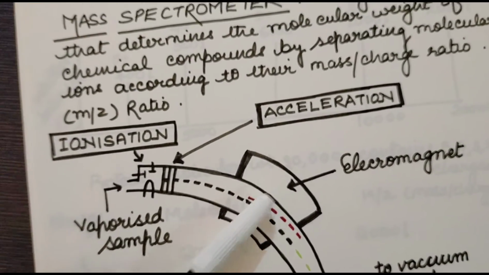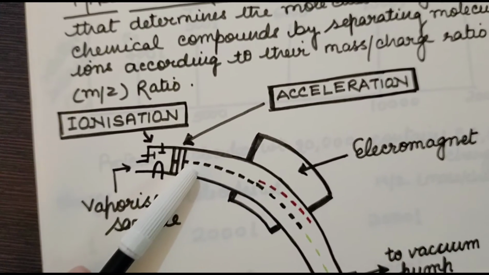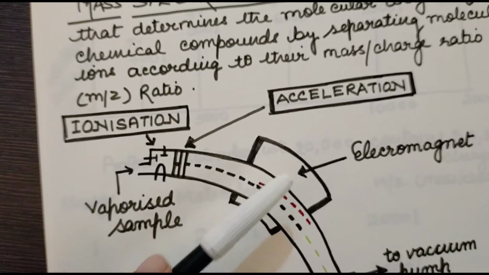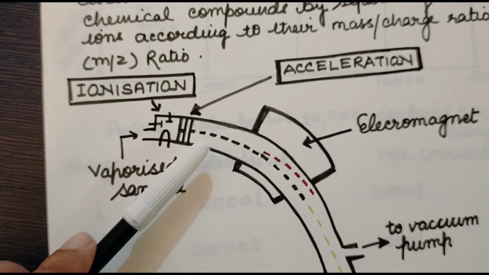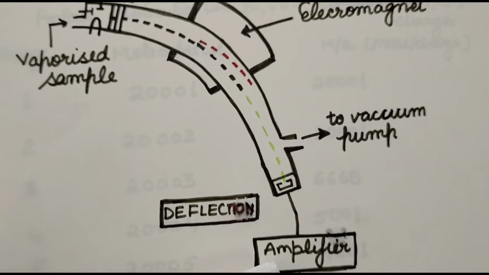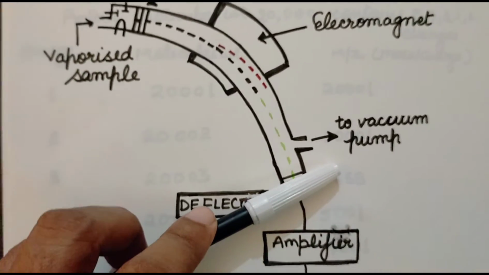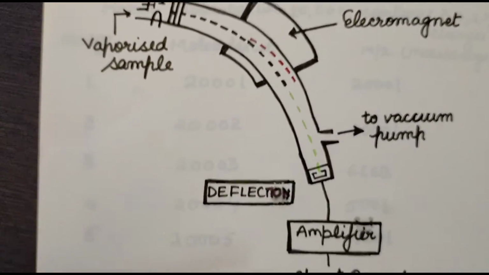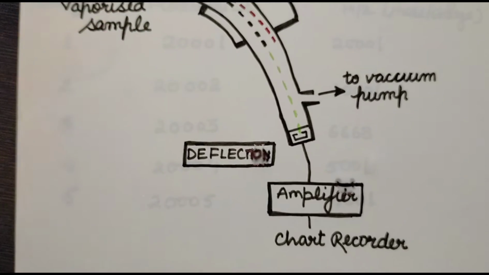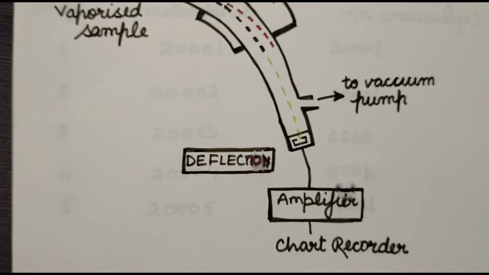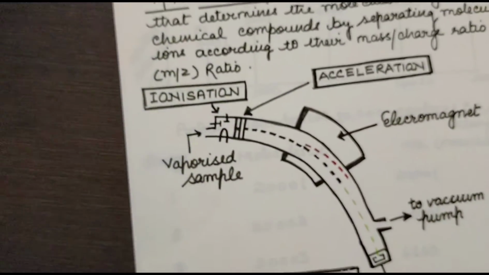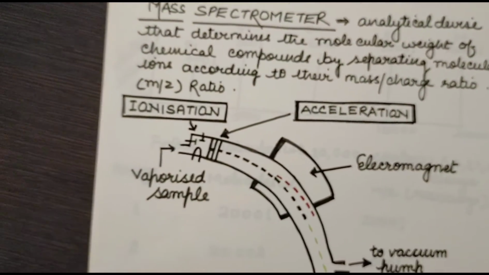The red line shows the path these proteins might take if the electromagnets were not there, but with the electromagnet we direct them to the amplifier. A vacuum pump is there to create a vacuum inside, and a chart recorder is associated with the amplifier. This chart recorder gives us the results. So this was the basic outline of the mass spectrometer.